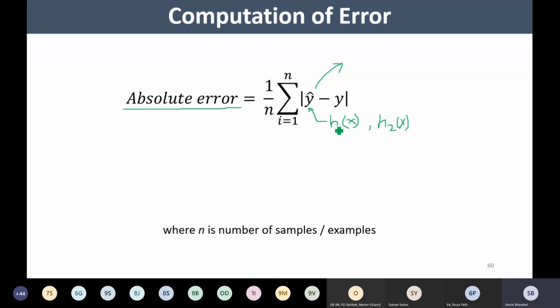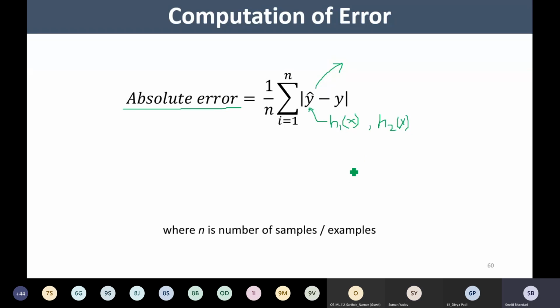For every hypothesis, on the data available with me, I compute this error, and whichever hypothesis gives me the minimum error, I pick that hypothesis. Are you getting me? Yes, ma'am.